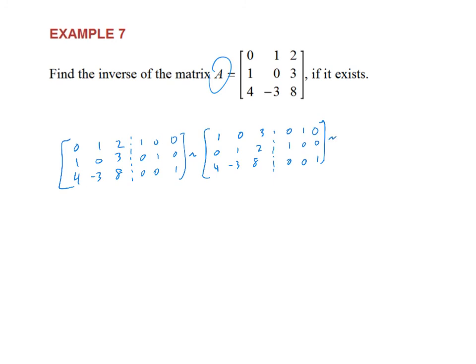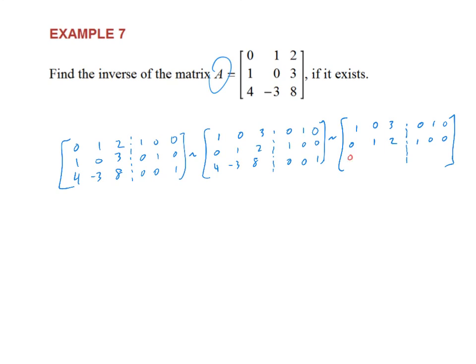Second operation, we're going to do negative 4 times row 1 and add row 3, leaving row 2 alone. Leaving row 1 alone. Negative 4, add 4, I get 0.